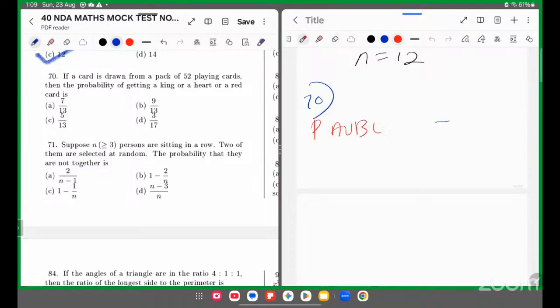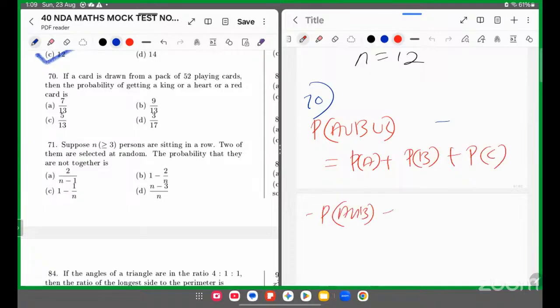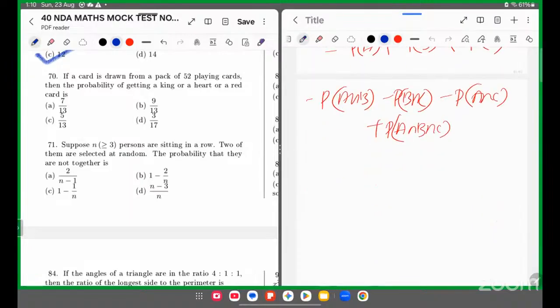P of A union B union C equal to P of A plus P of B plus P of C minus P of A intersection B, P of B intersection C, minus P of A intersection C plus P of A intersection B intersection C. Okay. P of A, 4 by 52.